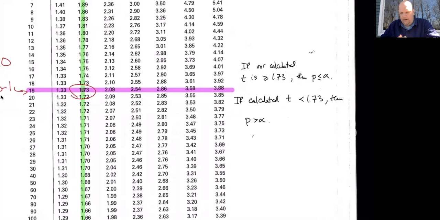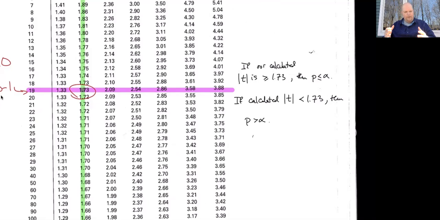And then one final thing to point out here, we also sometimes will get negative values of t, right? If the sample mean is smaller than the null hypothesis mean, you'll get negative values. So what you really want to do is not just look at the value of t, but look at the absolute value of t.